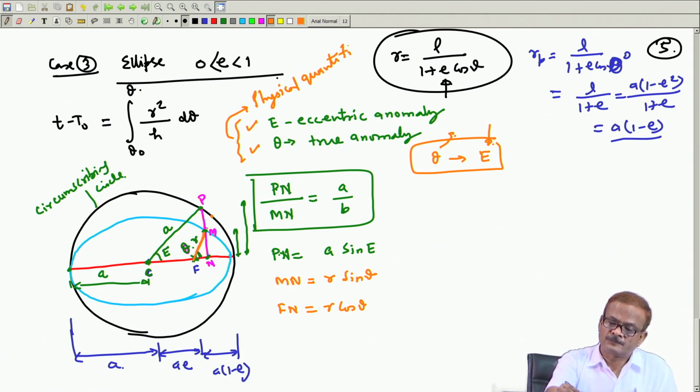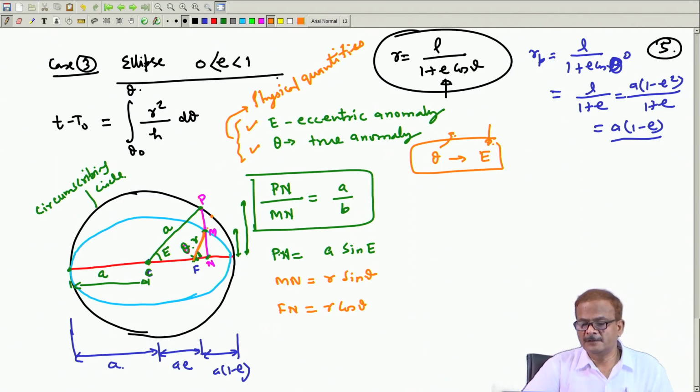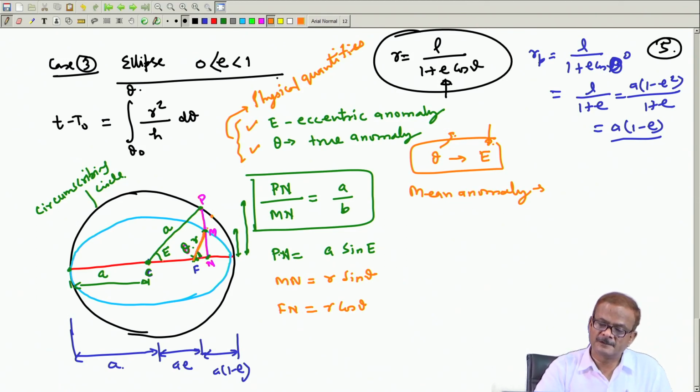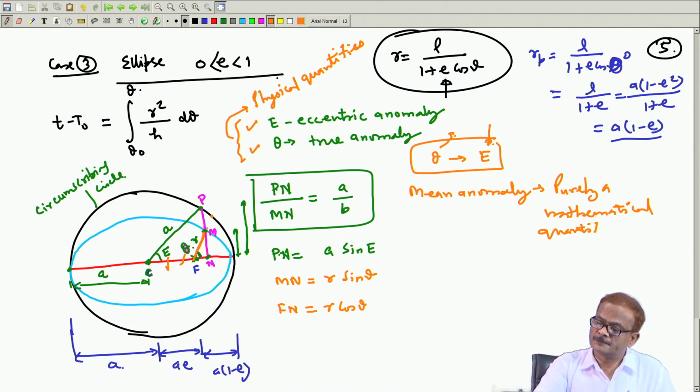Earlier I told you the mean anomaly is a purely mathematical quantity. We cannot show that in the picture, while the true anomaly and the eccentric anomaly we can show like this one and this one.